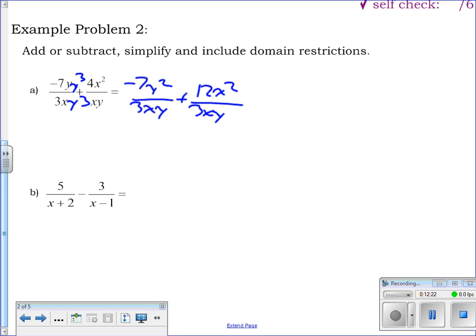I now have a common denominator, 3xy, and I just add my numerators. Negative 7y plus 12x squared. Can I combine negative 7y squared and 12x squared? No, they're not like terms. The only thing I'm going to do is rearrange them, 12x squared minus 7y squared, to make it look pretty.